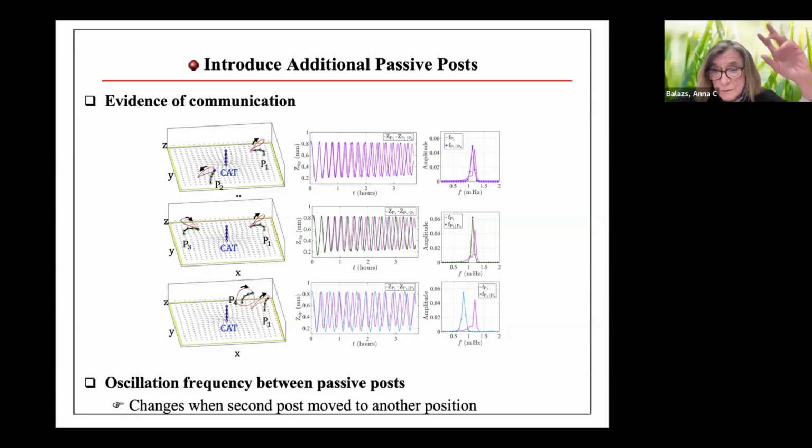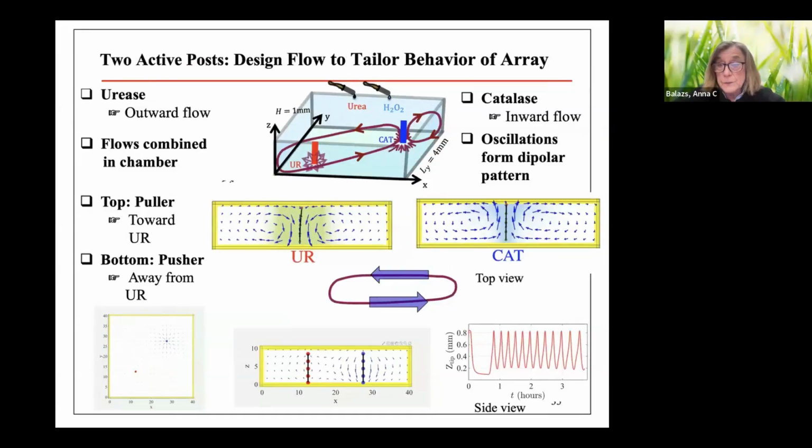Blue is one of them and red is the other one. You can see that in the top two, the frequencies are very similar. But in the bottom one, if I put them in those two positions, their frequency of oscillation is different. So there has to be some communication between all of the posts, and that's setting up the frequency of oscillation.